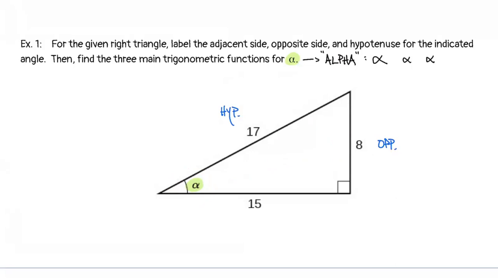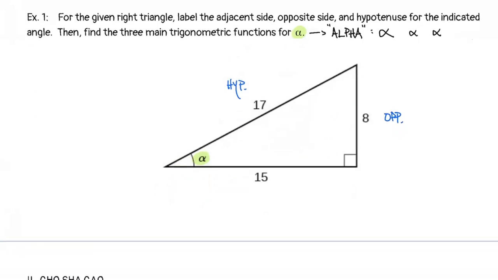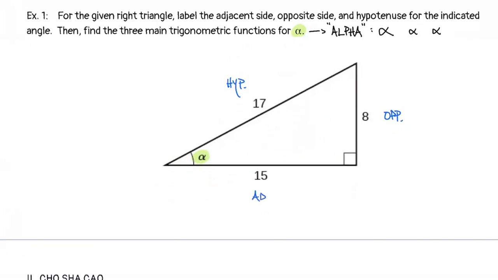All right. And that means that you only have one side left. By default, 15 has to be the adjacent side, right? But one way to think about adjacent, the word adjacent means like next to, right? So it has to be next to the angle, but how come this side isn't the adjacent side? Because that's also next to the angle.